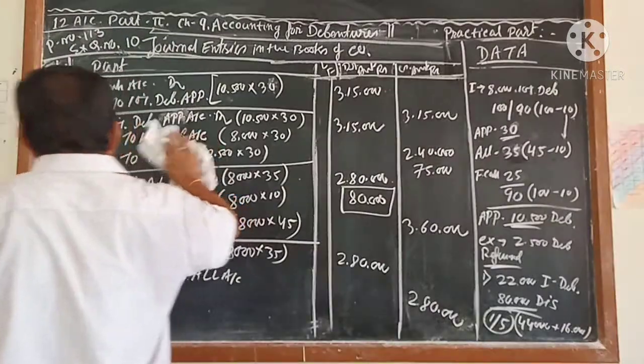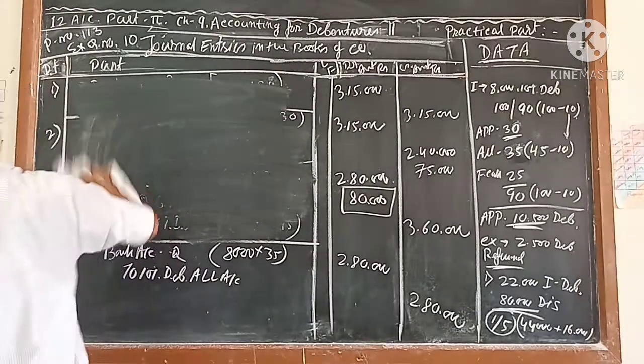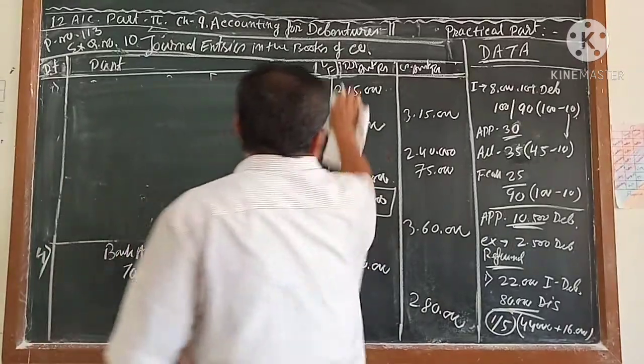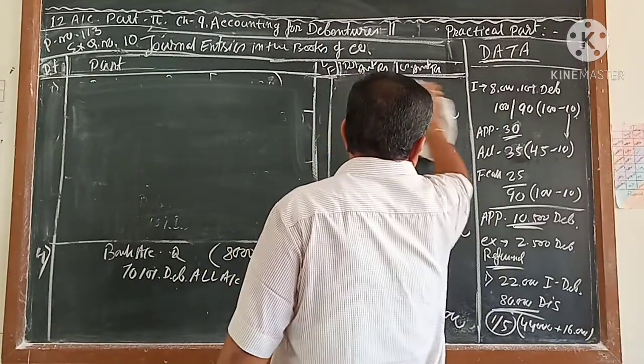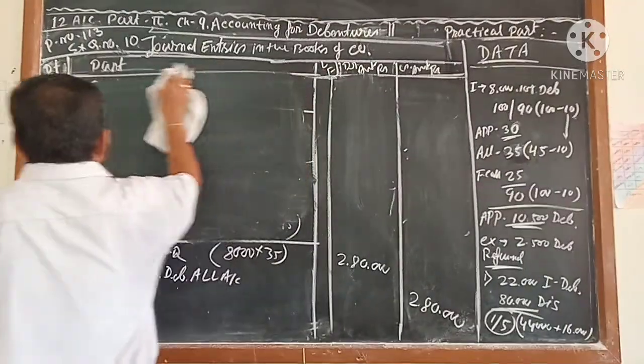Now journals 1, 2, 3, 4 are over. Now what are we going to pass? The final call. The final call is how much? 8,000 into 25, and all the money you have received.